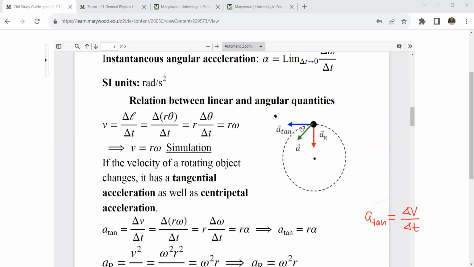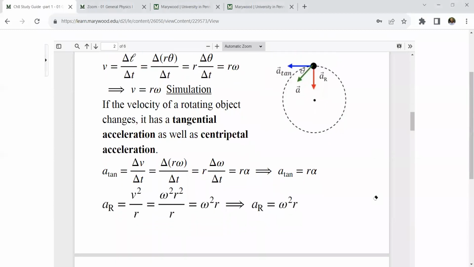Okay, let's start with the tangential acceleration. The tangential acceleration, which I just erased, is a_tan equal to delta v over delta t, right? And v, earlier we determined, is equal to R omega.